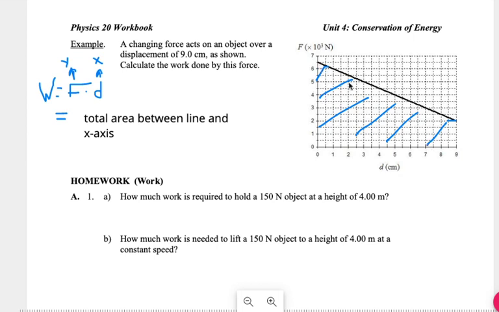Kind of tricky to find the area with one step here, so instead we're going to break it into two shapes. We've got a triangle above and a rectangle below. All right, so we'll call this one area 2, A2, and our triangle will be area 1.